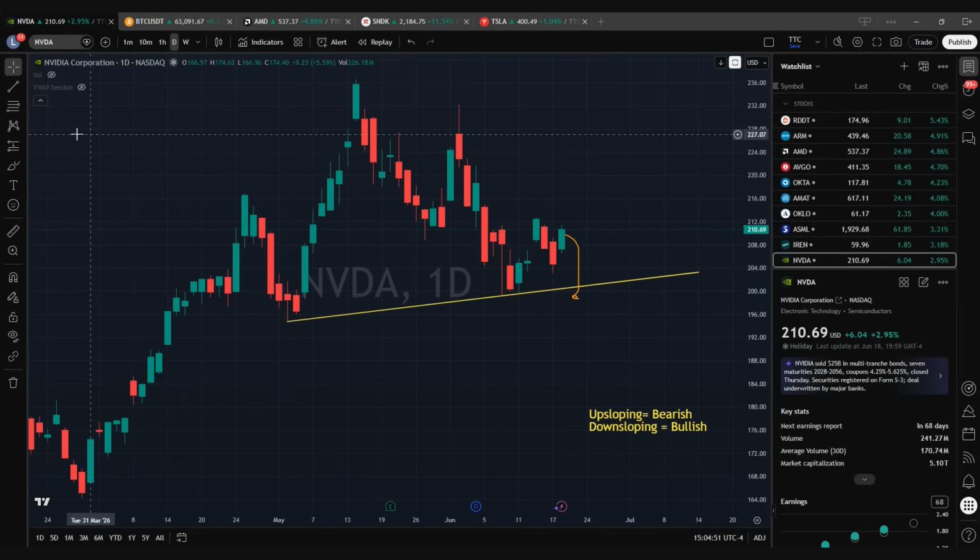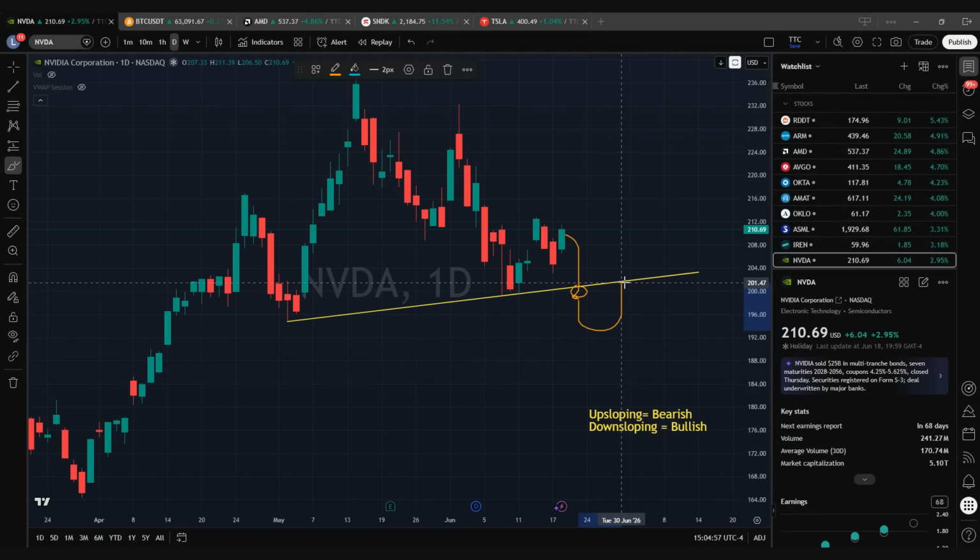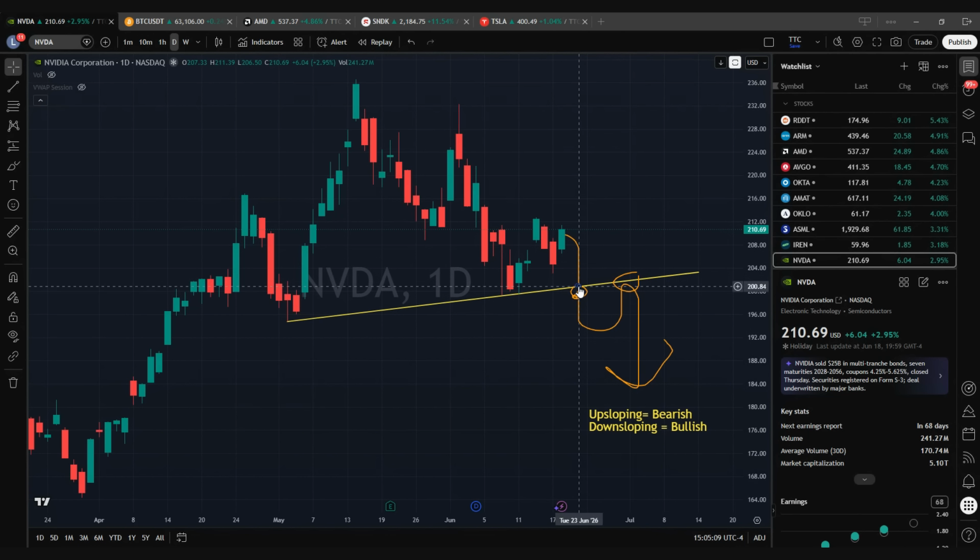I'm either going to look to enter at that break, or let's say it comes down and retraces back up to this upsloping trend line, I would then look to short it potentially right here. So these are my levels for a potential short on Nvidia in this upcoming week. A break and close below 200 basically, and then a retrace back to around 201.